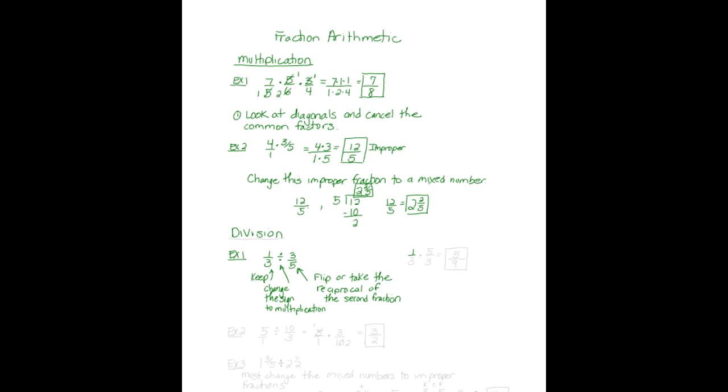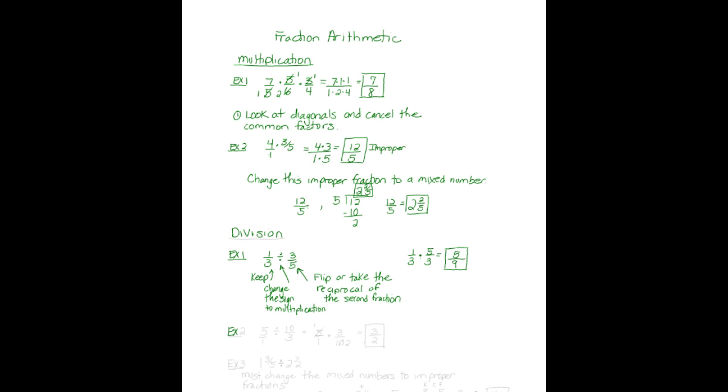So this now gives us 1/3 times 5/3. So back like multiplication, we check the diagonal for any common factors that we could reduce. We do not find any, so we multiply straight across. 1 times 5 is 5. 3 times 3 is 9. And we get our answer 5/9.